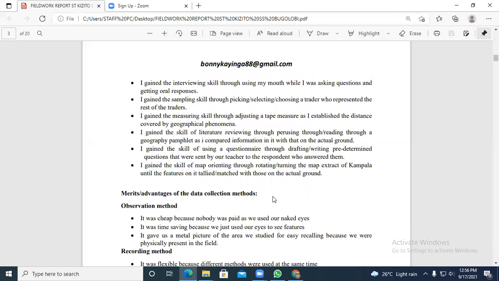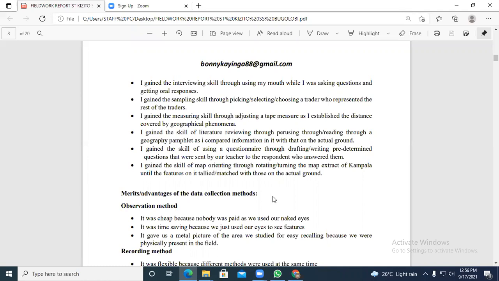But as I told you, the three stages of fieldwork, you gain skills. For example, you can say, I gained a skill of formulating the topic. I gained a skill of formulating objectives. I gained a skill of carrying out a pilot study, because it is a skill on its own.